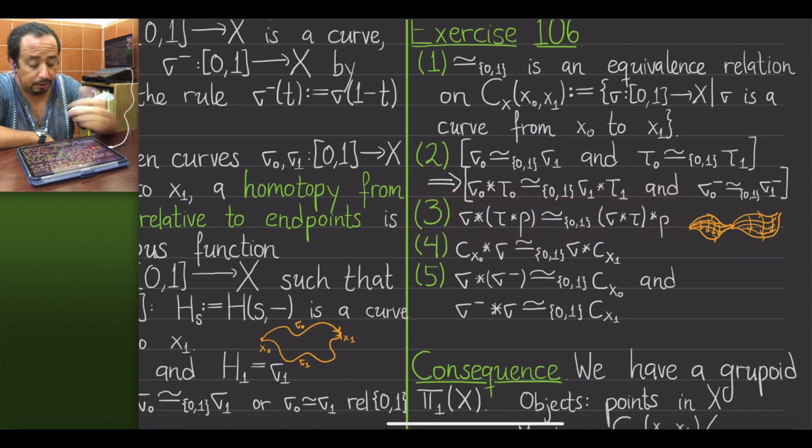Anyway, assuming that the endpoint of sigma is equal to the starting point of tau, and the endpoint of tau is equal to the starting point of rho. Did I say that correctly? Yeah. Ending of sigma equal to starting of tau, ending of tau equal to starting of rho.